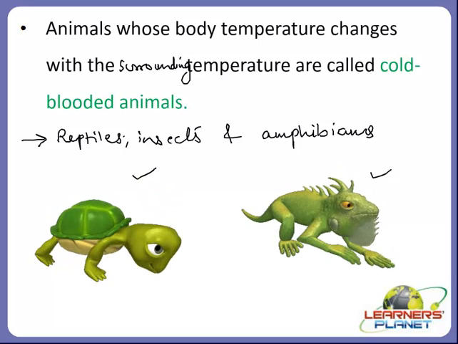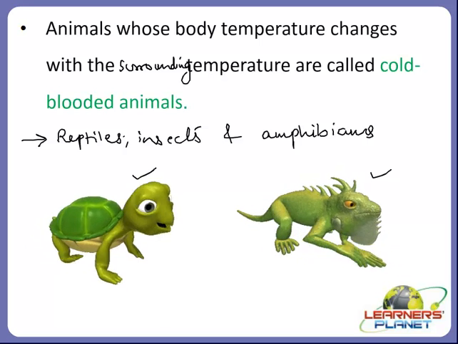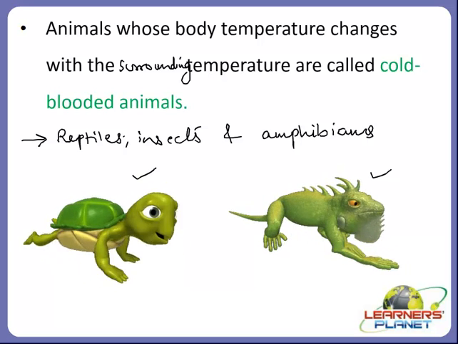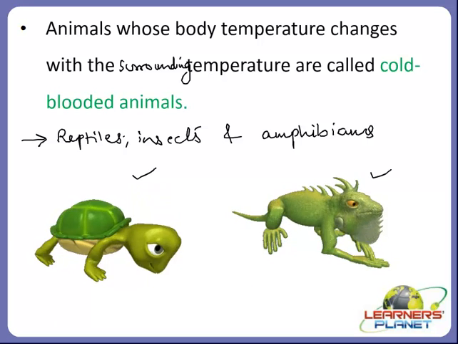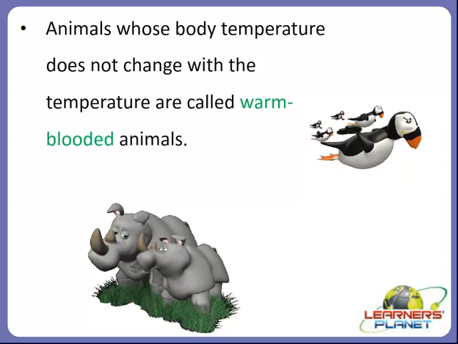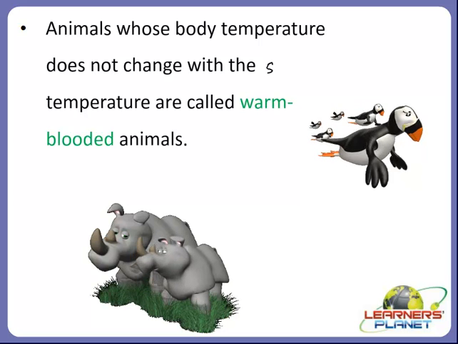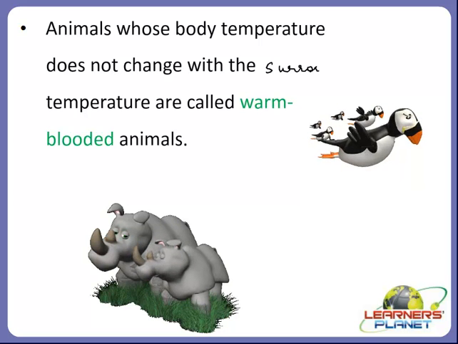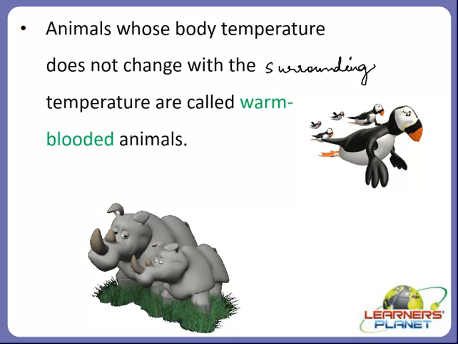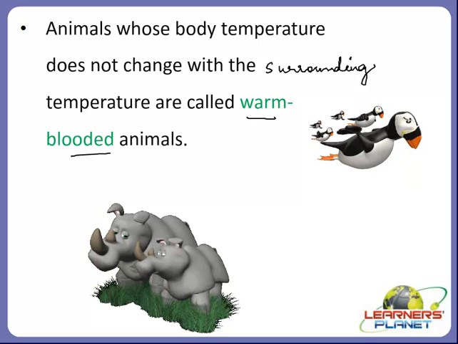So there are other animals too whose body temperature does not change with the surrounding temperature. So what are they termed as? Let us see. Yes, animals whose body temperature does not change with the surrounding temperature are called warm-blooded animals.